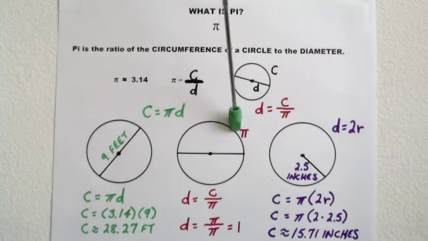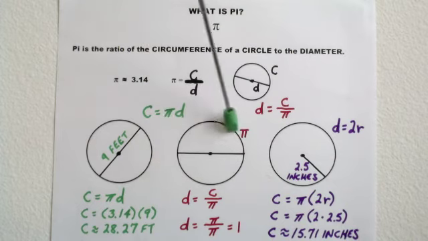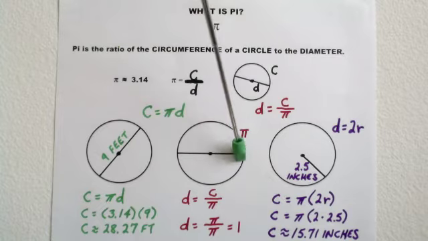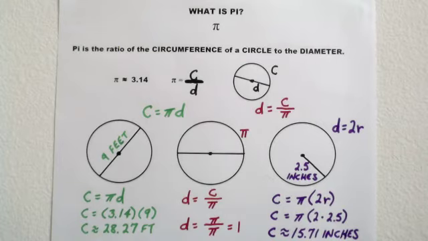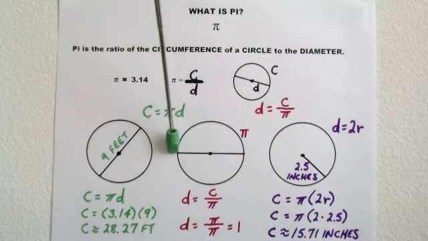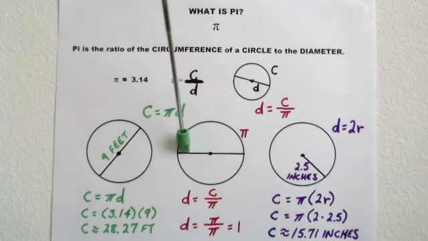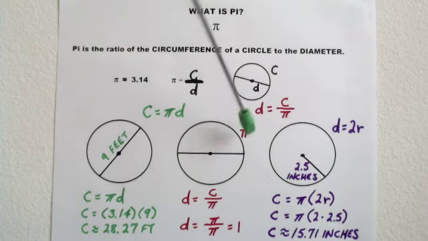I did this specifically because this would be a weird problem to most people. Why are you saying that this is pi? Because I'm telling you the distance around here is 3.14. The other reason I use this example is because any circle with a diameter of 1 unit, 1 mile, 1 inch, 1 foot, any circle with a diameter of 1 unit has a circumference of pi.